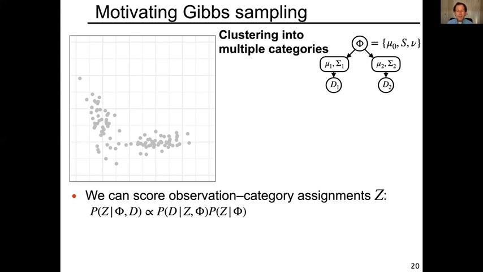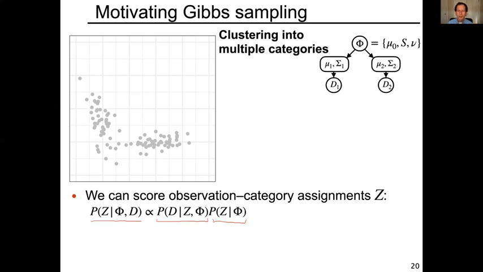Now, let's imagine we just assign a given number, 1 or 2, to each of the observations that we see. We'll call that an observation category assignment. We can score that. We can break that down using Bayes' rule into the probability of the data given a set of categories Z, which effectively will be how many observations are we generating in category 1 and how many in category 2, times the probability of the number of observations that would be in each category.